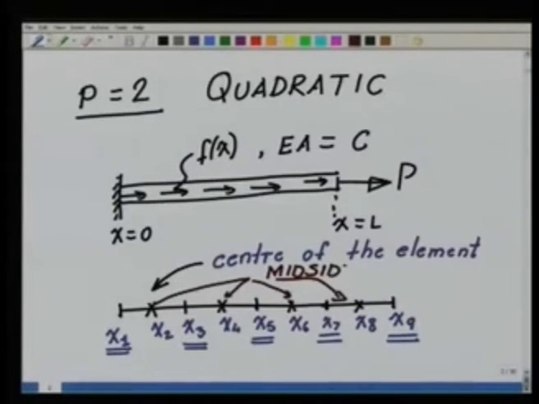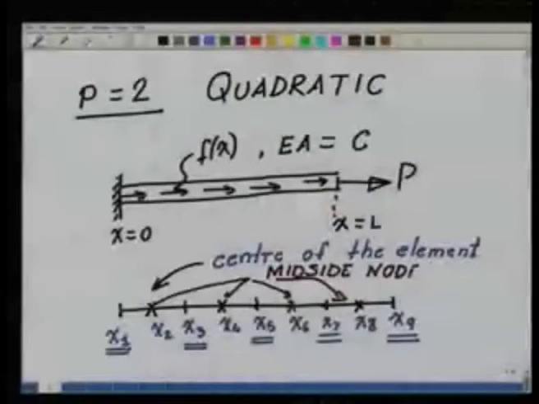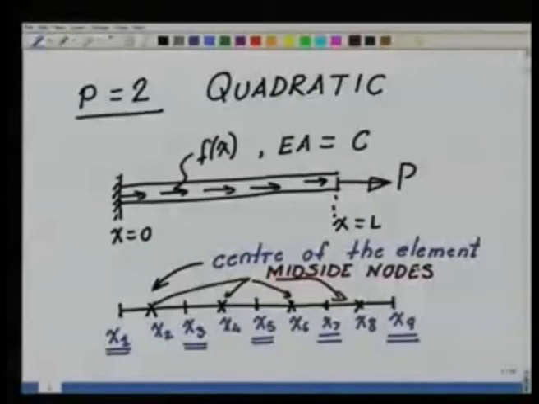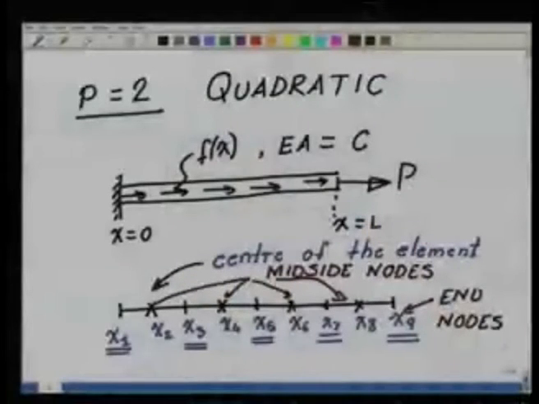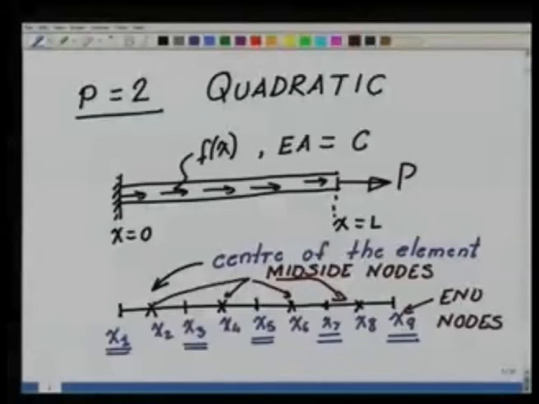And the points x1, x3, x5, x7, x9 are called the end vertices, or simply the extremities of the elements. So these points become end nodes, or element nodes, or extremities of the elements.